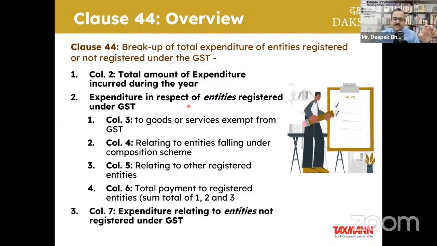Again, we have to understand what is exempt supply, what is no supply, or what is a non-taxable supply. I will deal with this aspect for 2 or 3 minutes in the later part of this presentation.